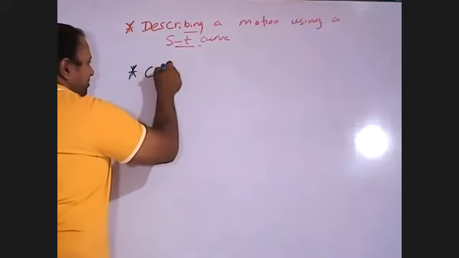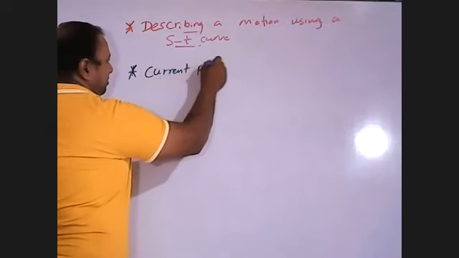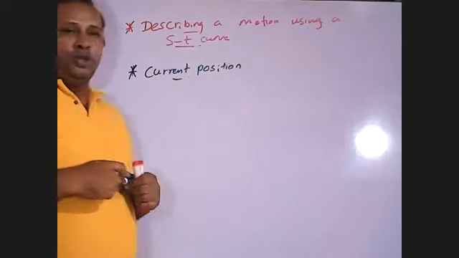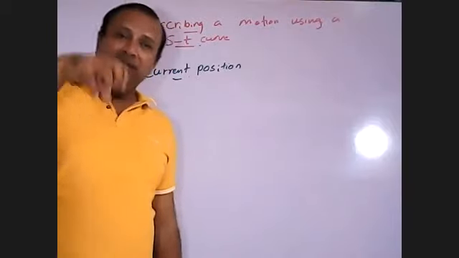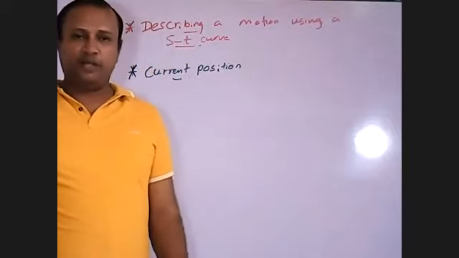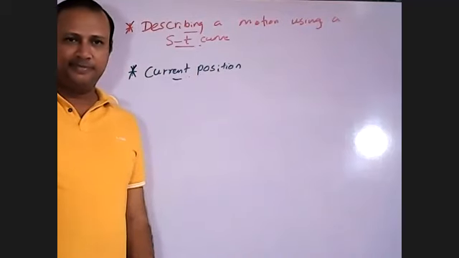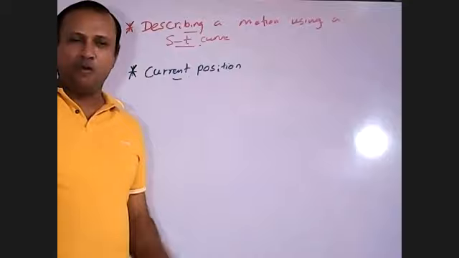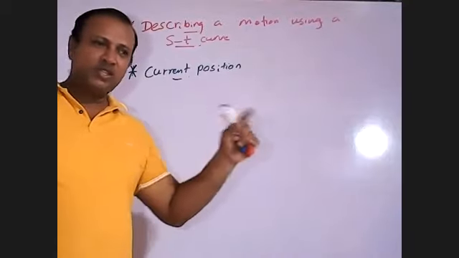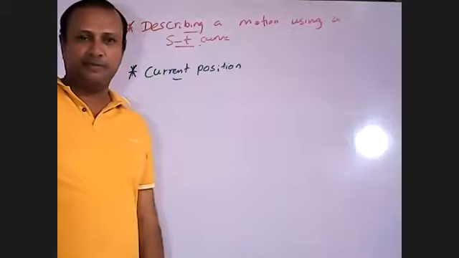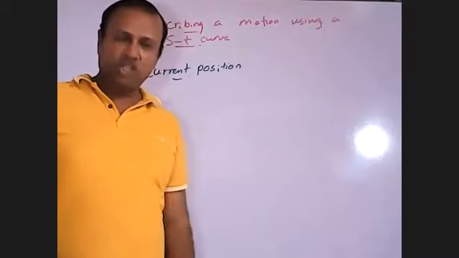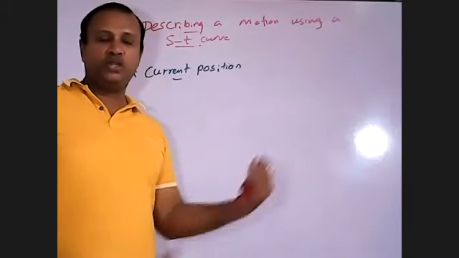The current position. So what is the factor that decides the current position? Displacement. More accurately, the positiveness or negativeness of displacement. If the displacement is positive, the current position is on the positive side.